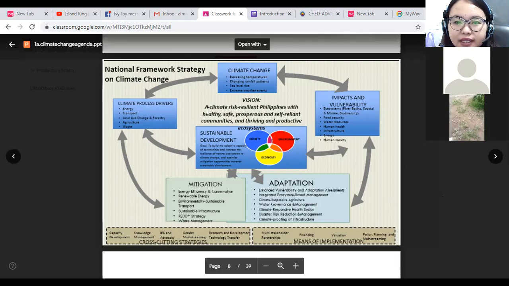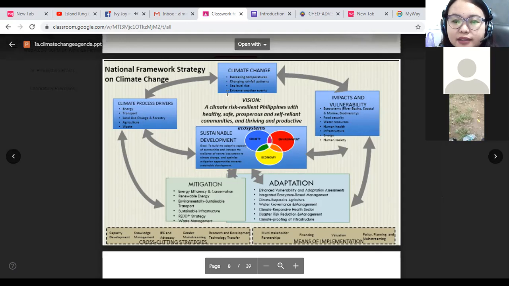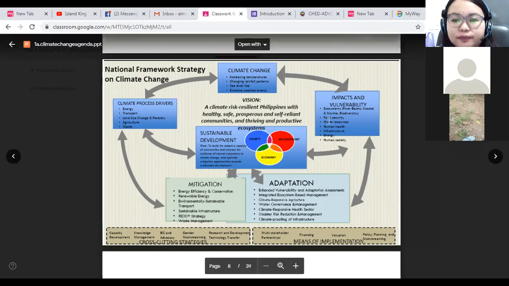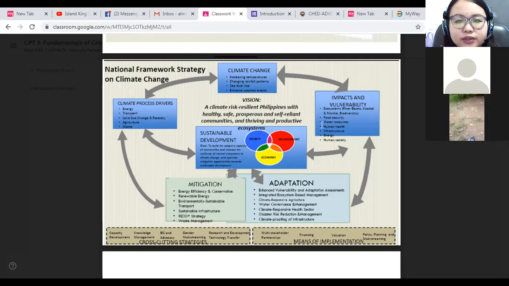So with climate change, there is increasing temperature, changing rainfall patterns, sea level rise, and extreme weather events. So the impacts and vulnerability are in the ecosystem, food security, water resources, even human health, infrastructure, energy, and human society.